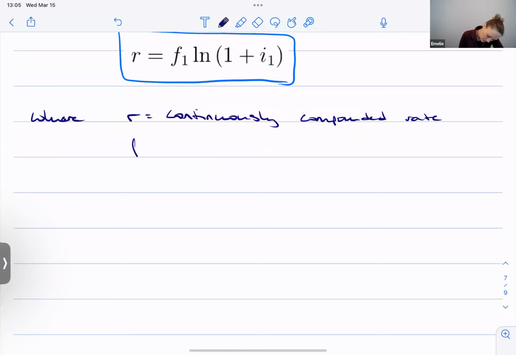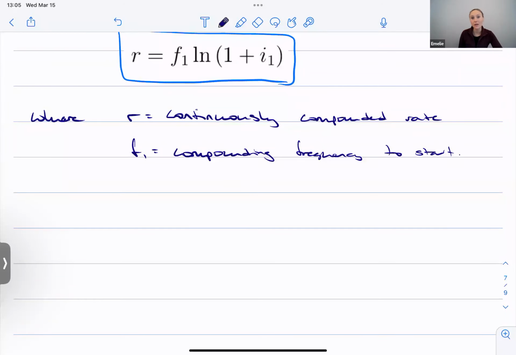F1 is the compounding frequency to start, F2 is going to be continuously, and then the natural log of 1 plus I1, where I1 is the periodic interest rate initially.